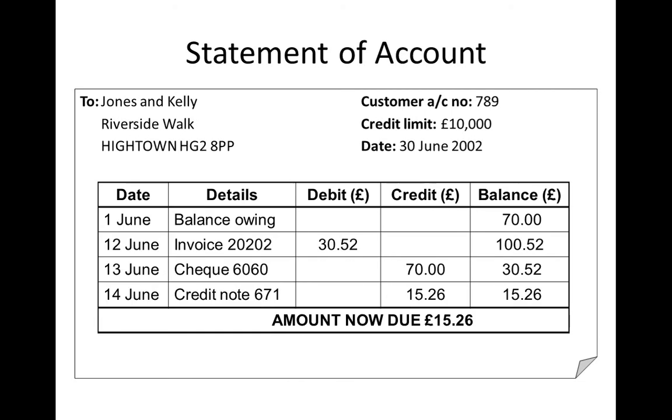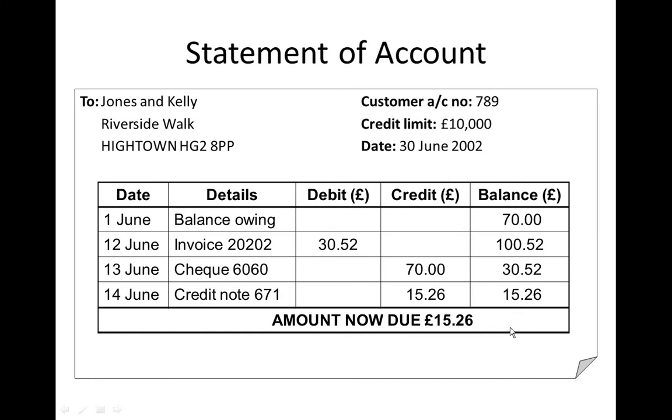Now usually a statement of account would be sent perhaps every month for regular customers, or it might be sent every now and again to remind customers to pay. So here we can see we've got an invoice due. That's what they owed at the 1st of June, they owed £70. Then there's another invoice here, £30.52, so they now owe £100.52, and we've got the cheque that they've paid, and then we can see that credit note coming off as well.